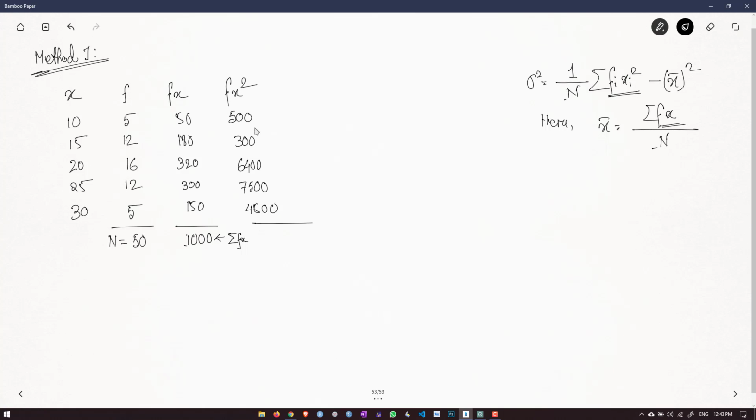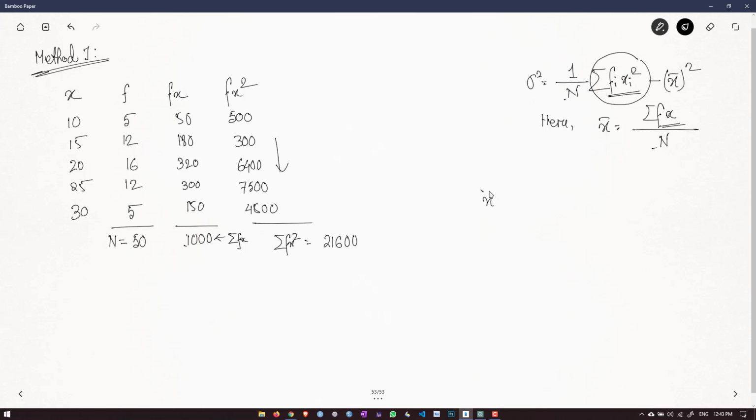So these are the values of fx square. Now why do we need fx square? To calculate this part, right? So that means we need the summation. If I add all of these values, I will get summation fx square, which is equal to 21600, right? So we got the total frequency capital N, we got summation fx, we got summation fx square.